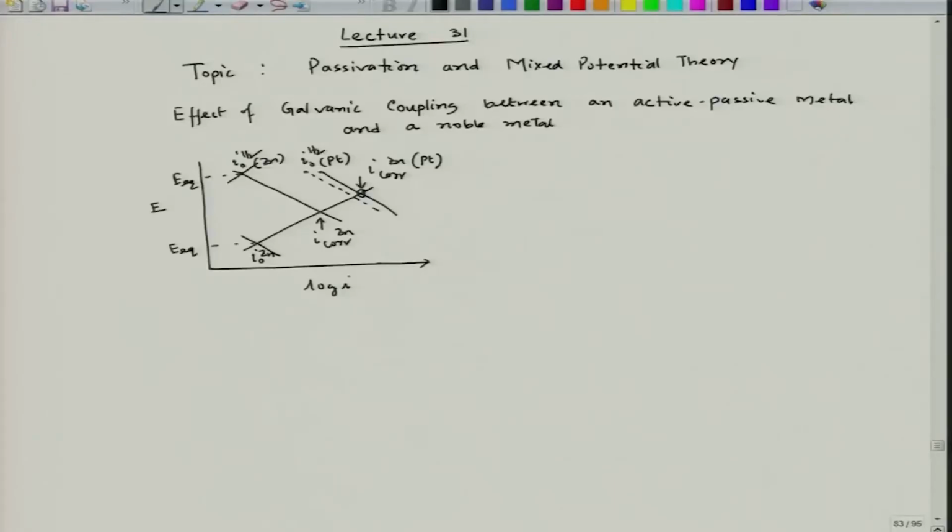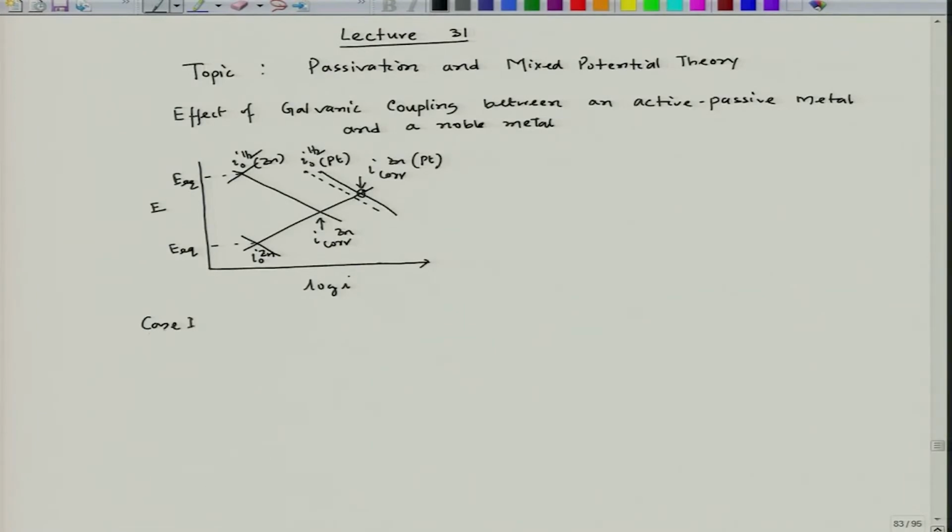So, let us consider the first incident where the corrosion rate of the active passive metal reduces drastically because of the interaction of the cathodic polarization of the cathodic reaction on that noble surface with the active passive polarization curve of the active metal of that particular anodic polarization side.